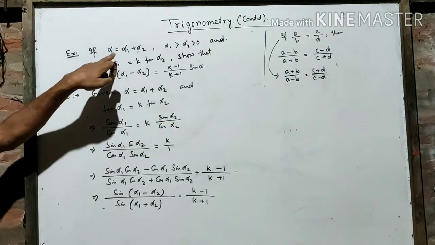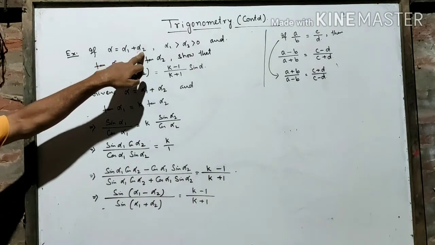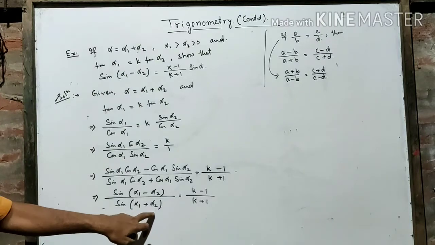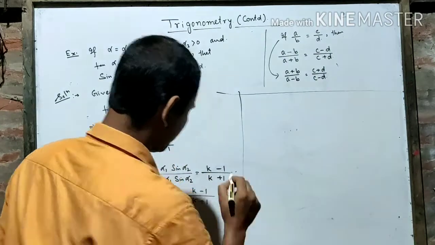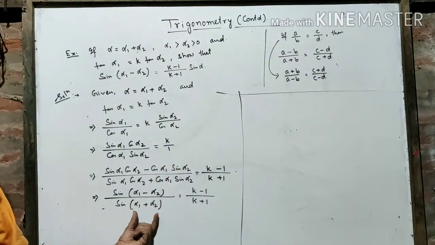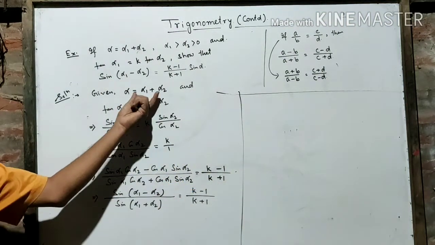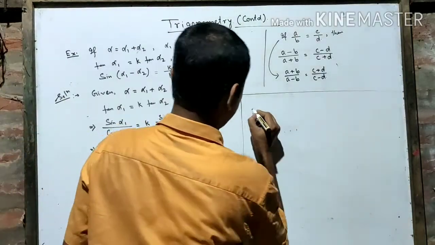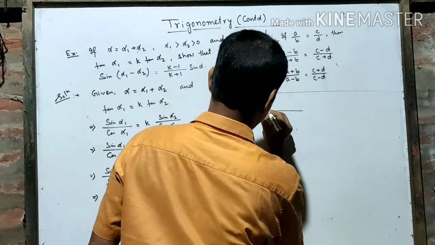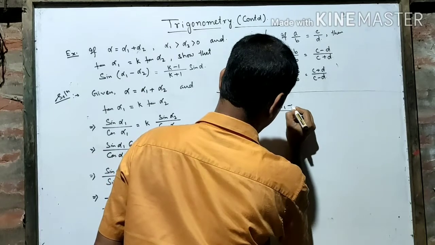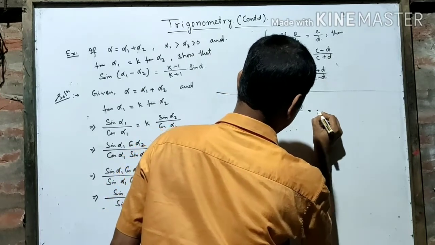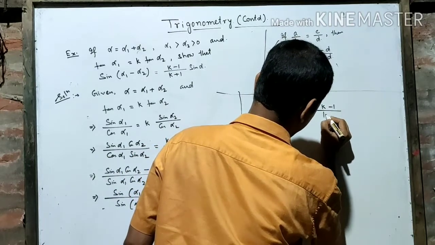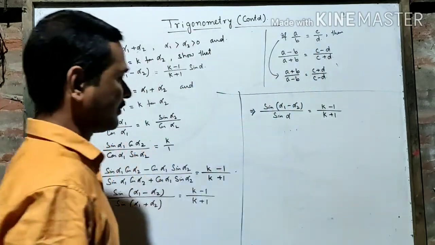Okay, here you see alpha is equal to alpha 1 plus alpha 2. That means we can put alpha in place of alpha 1 plus alpha 2. Let us move here. We are going to put alpha in place of alpha 1 plus alpha 2 as it is given in the question. This implies sine of alpha 1 minus alpha 2 divided by sine alpha is equal to K minus 1 by K plus 1.